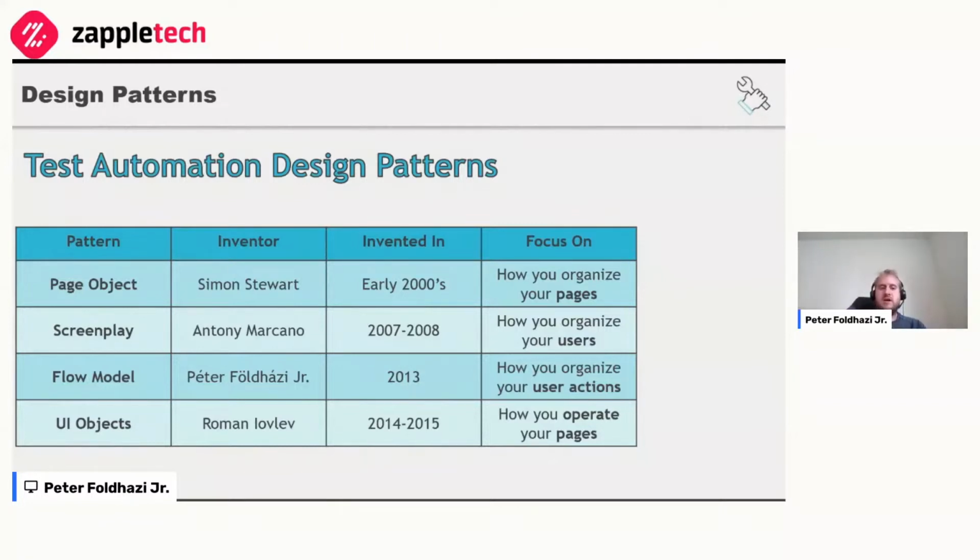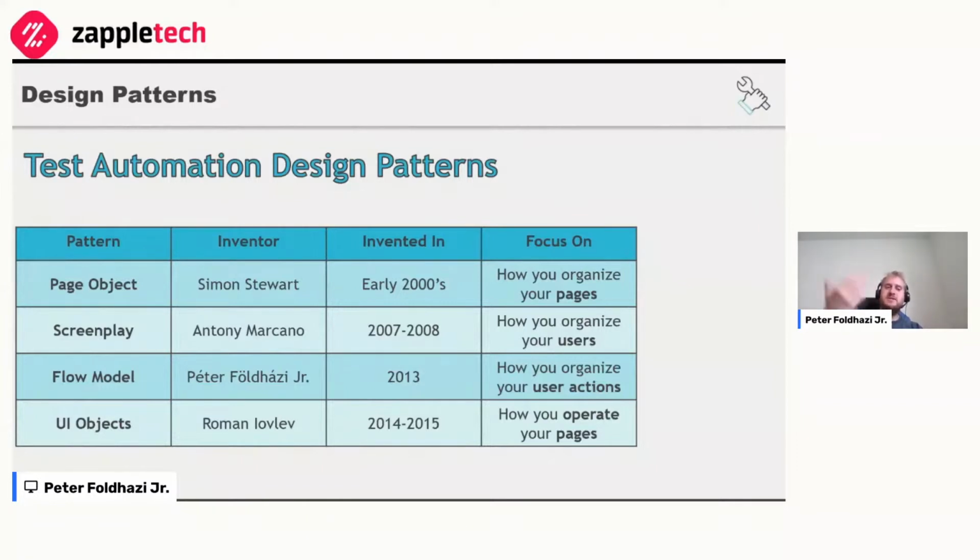And that's how they came up with the screenplay pattern. Next up is the flow model, which I invented more than 9 years ago. So it's been a while now. I'm going to share more details about it a little bit later. And the last one that I mention here is the UI objects, which was invented by my ex-colleague, Roman Yevlev.